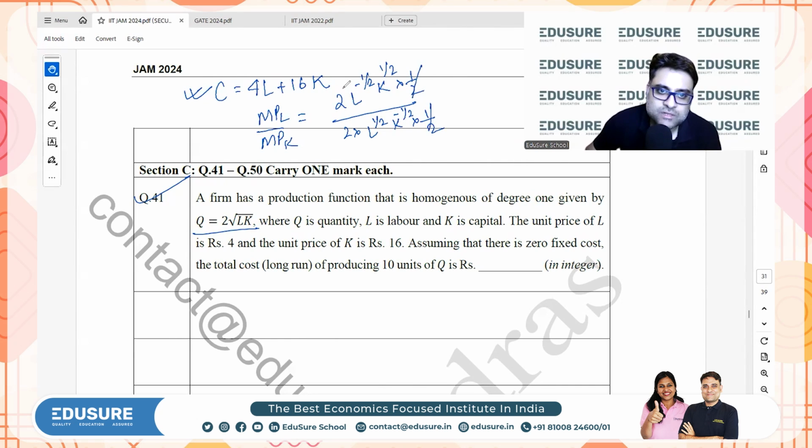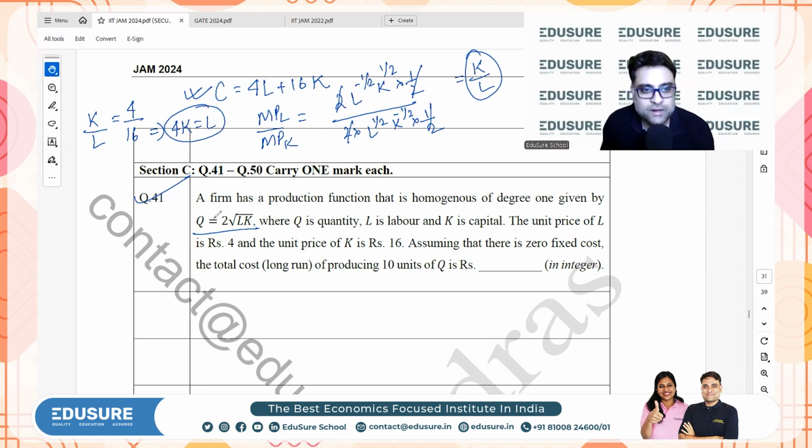This cancels out and I am left with K by L. So K by L is the slope of the isoquant, which equals the slope of the isocost, that's 4 by 16. That basically gives me 4K is equal to L.